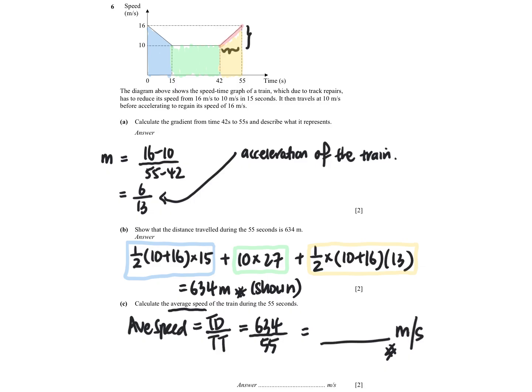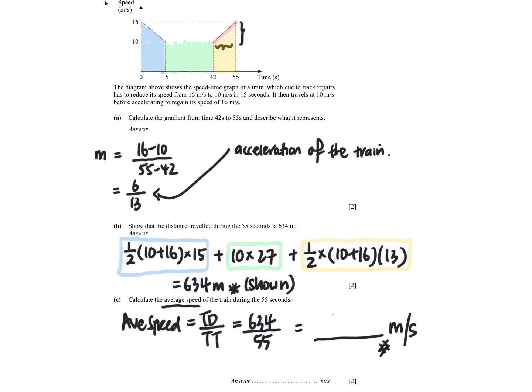Give me the mixed number. 11 and 29 over 55. This is the exact one, but if you round off, it's 11.5272, so 11.5.